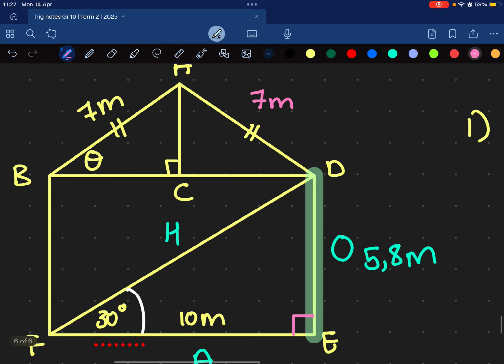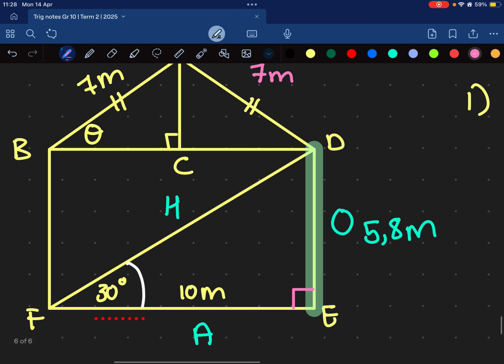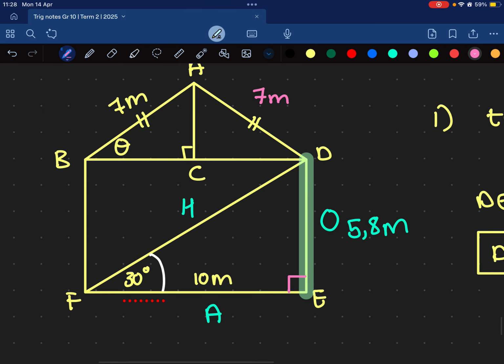So it depends on how you are planning on solving this. Of course, if it's going to be a house, then we also know that this side is 5.8 and the top side here is going to be 10 meters.